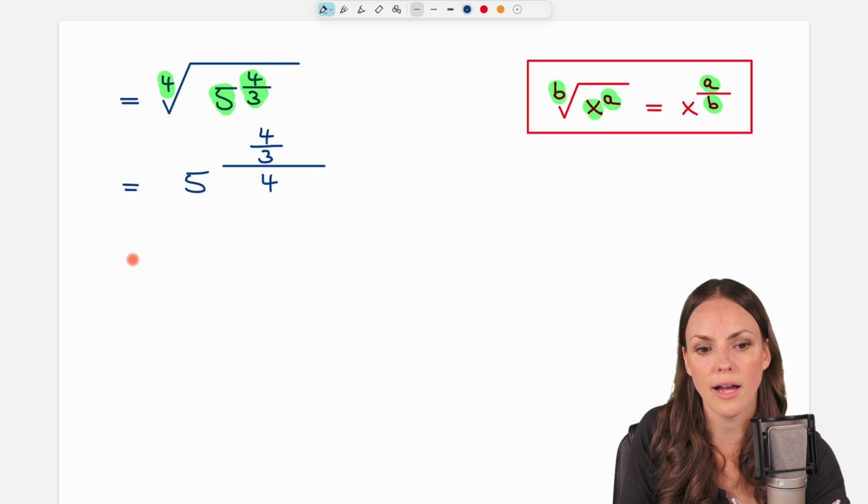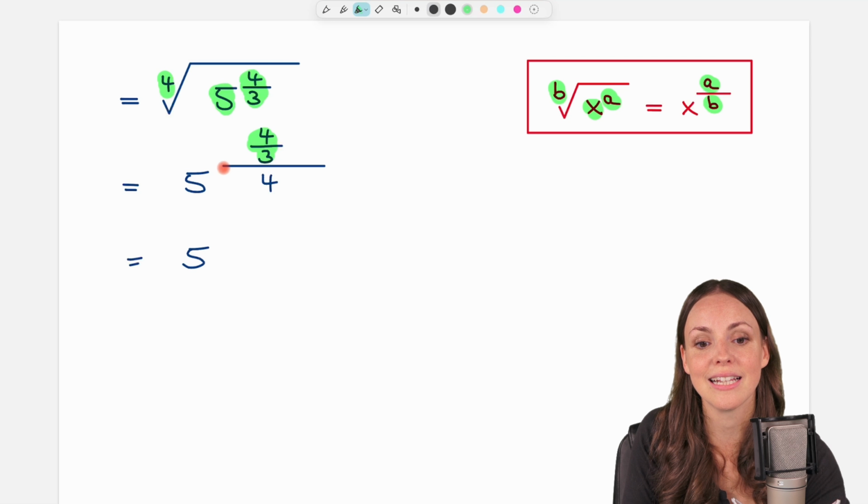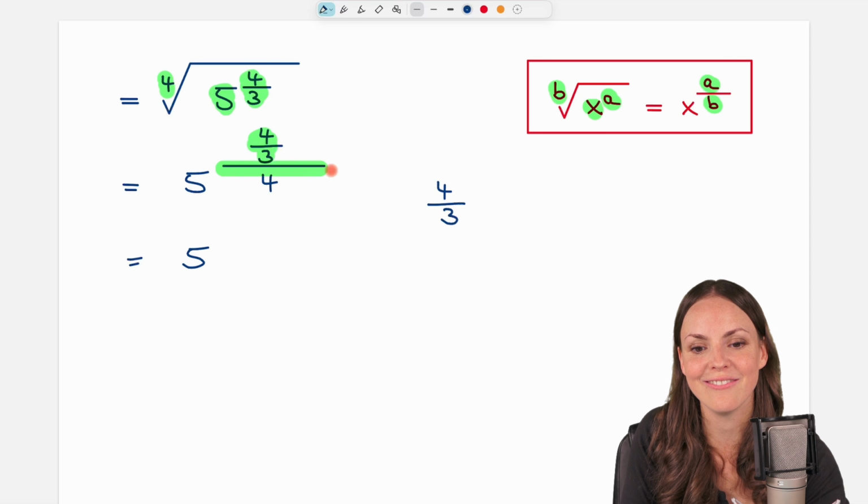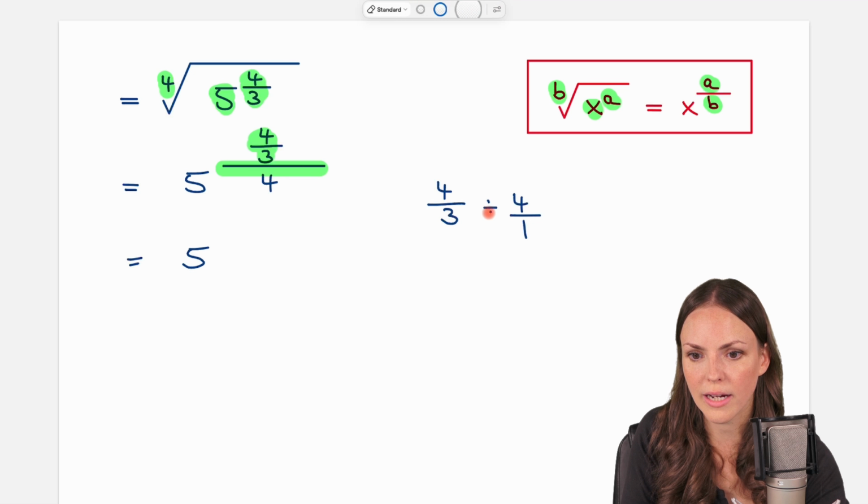And now we have the 5 as a base, but here we can simplify this big fraction. So let's take this fraction and divide it by the 4. So we want to calculate 4 over 3 divided by 4. Let's write the 4 as a fraction, so 4 over 1. And we divide by a fraction by multiplying by its reciprocal.